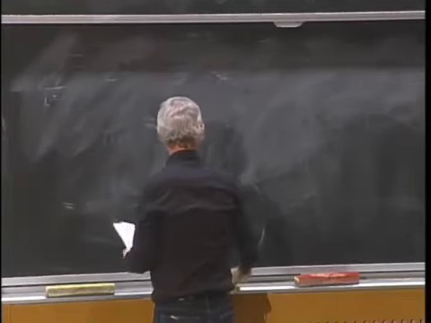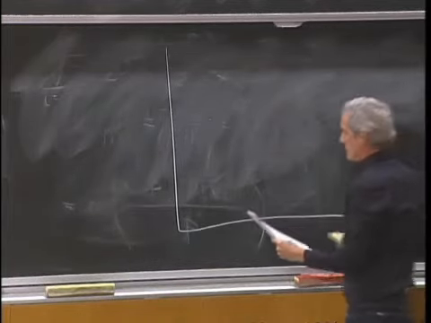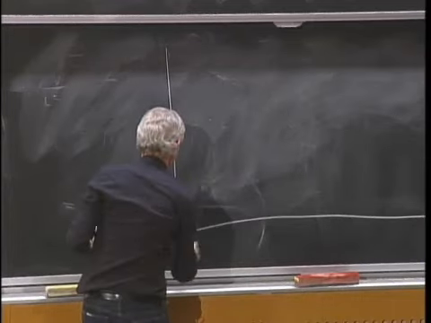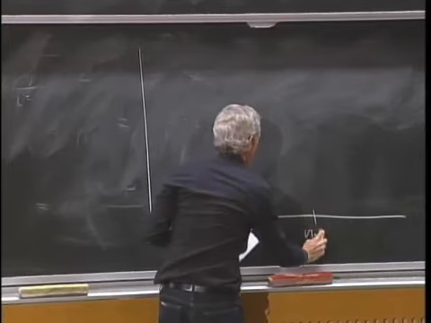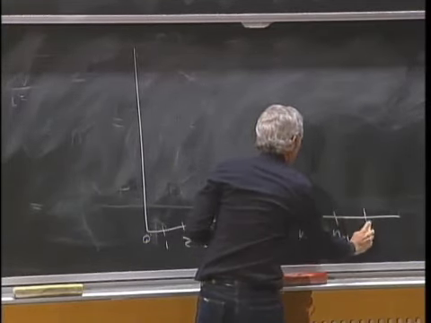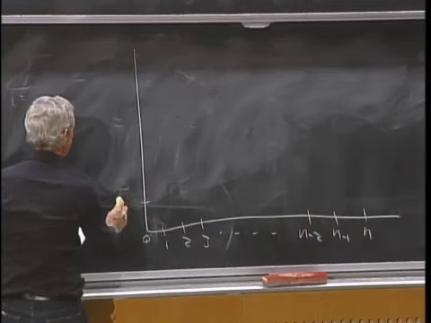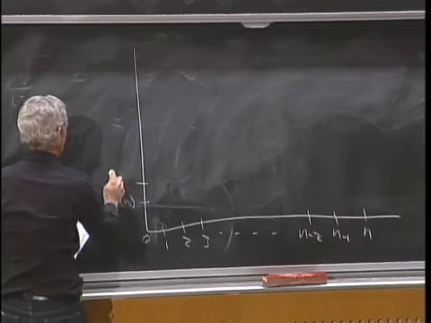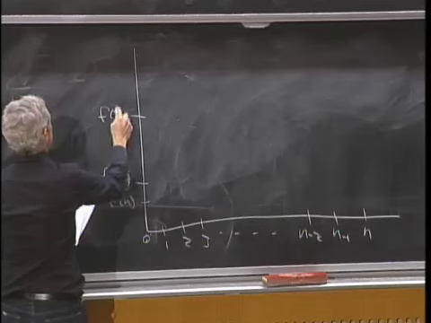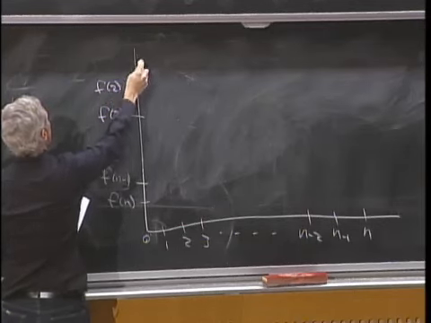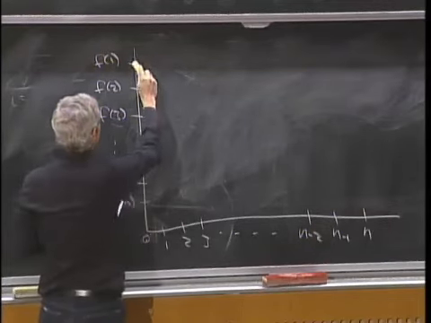So let's do the general picture again and see what happens. So we have 0, 1, 2, 3, n minus 2, n minus 1, n. And now f of n is the small term. And f of n minus 1, f of 3 here, f of 1. Now I'm going to draw the rectangles.